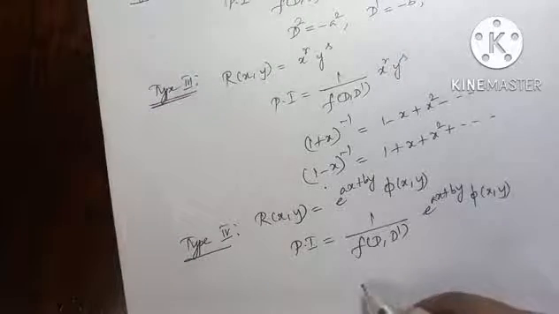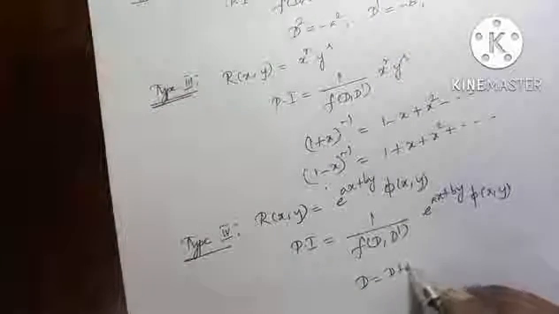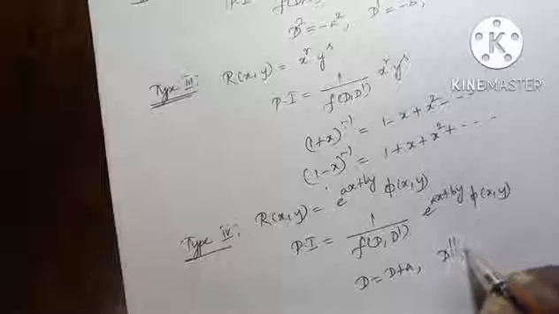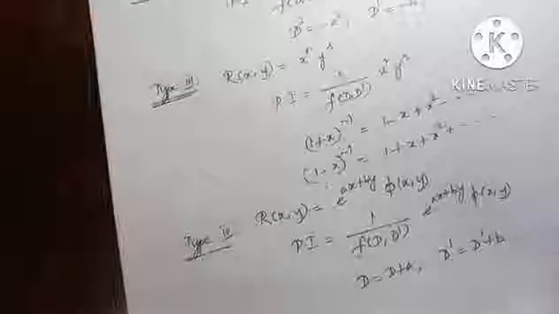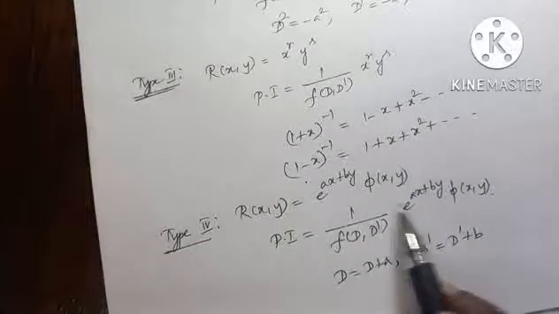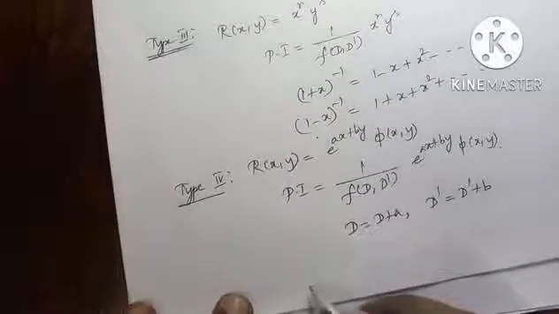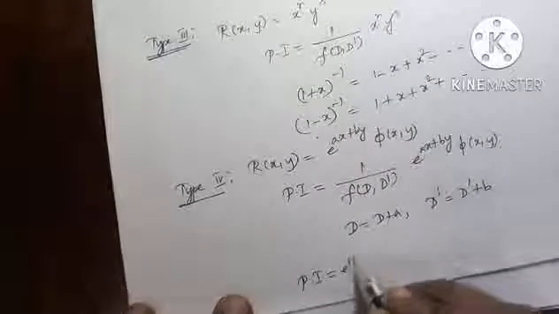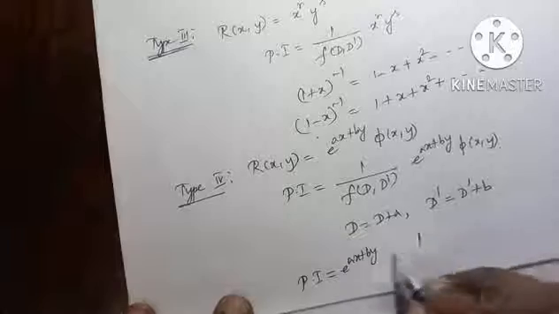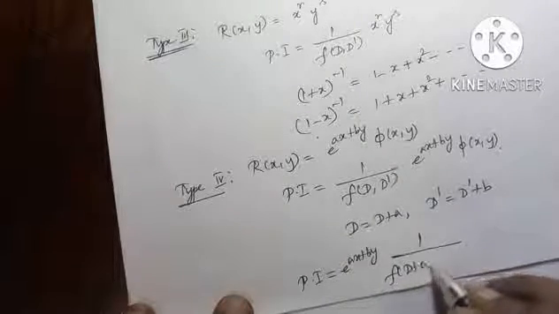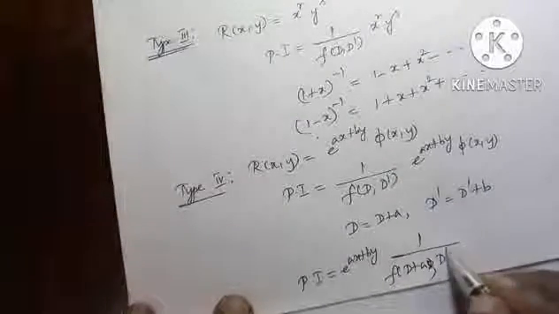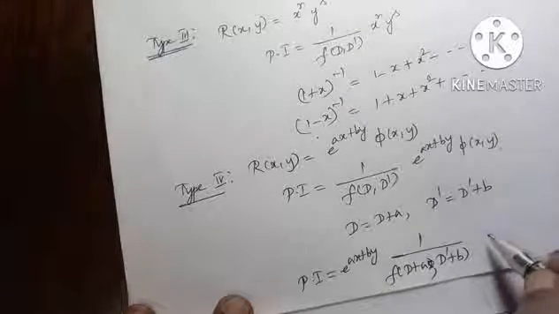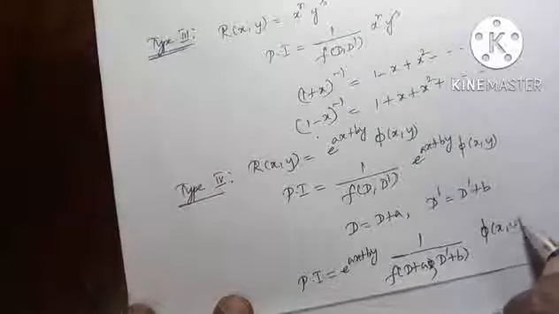The rule is put D equal to D plus a, D dash equal to D dash plus b, then keep the exponential term constant. PI becomes: take the exponential term outside, D becomes D plus a, D dash becomes D dash plus b, on the function of x comma y.